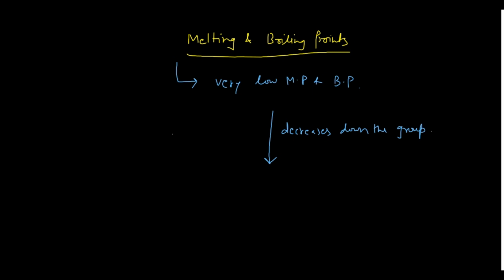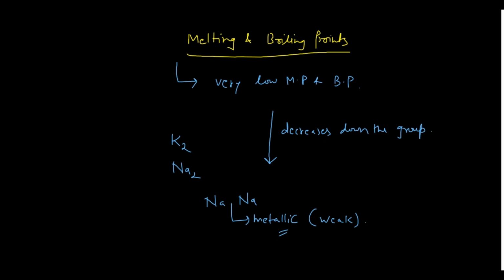The reason for their low melting and boiling points is the presence of weak intermetallic bonds. For example, if you have K2 or Na2, in the case of two Na atoms there would be a metallic bond, and only one electron is involved, so this metallic bond is very, very weak.